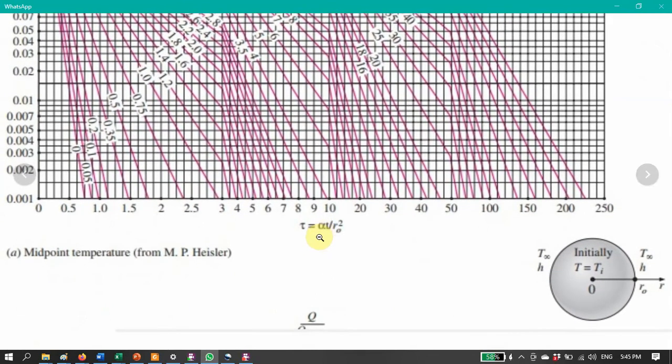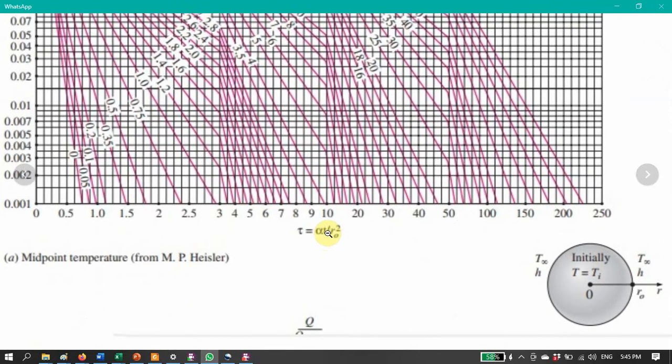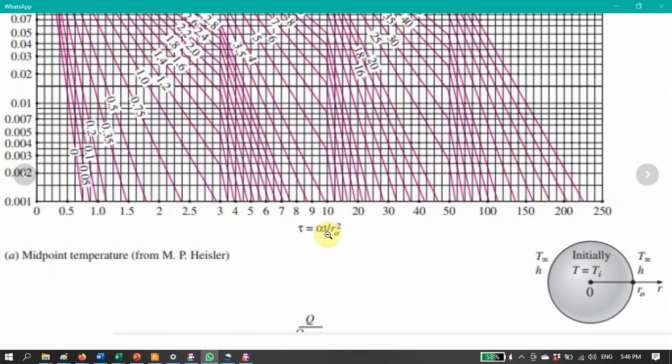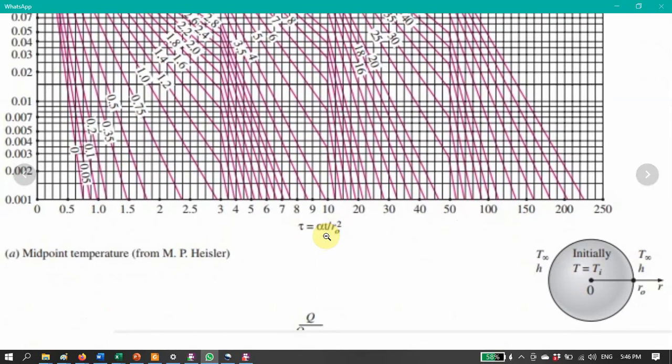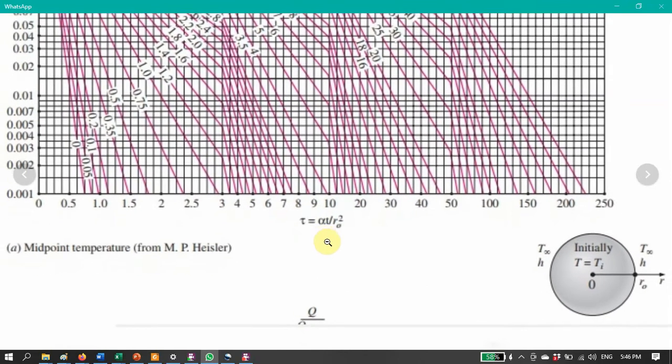If you know the specific heat, the density, the Cp, and thermal conductivity, you can calculate the thermal diffusivity, and from that information, we can calculate the time directly.